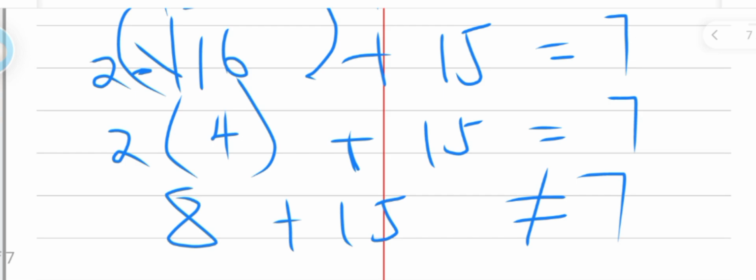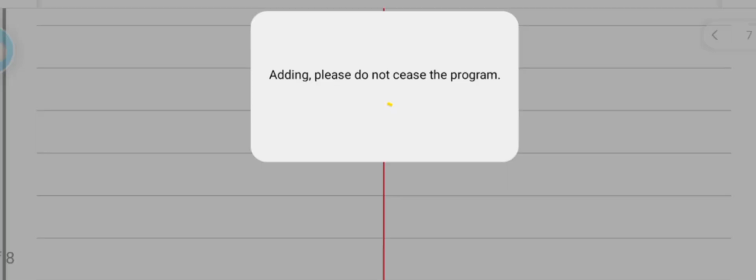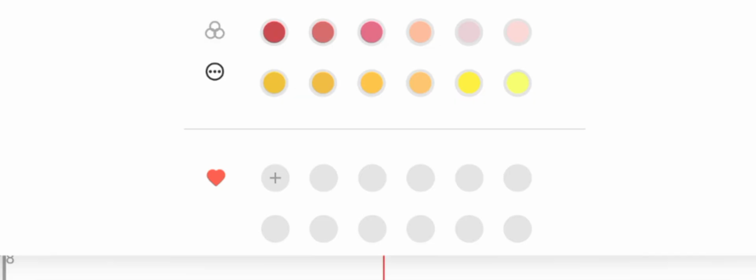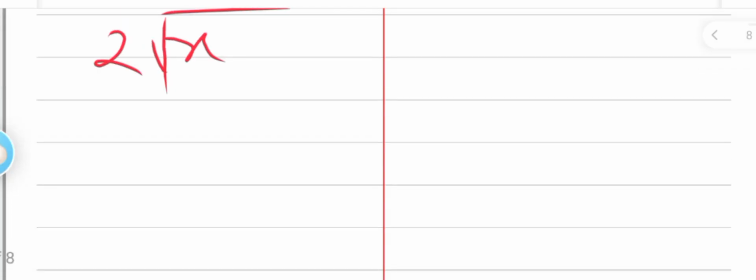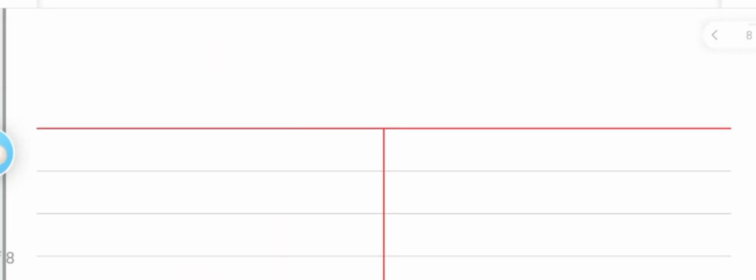So let's go back and put our 3 there to see which is the second value for x that we obtained. When we put it there and it works, then it means that 3 is the value. So we have 2 root x. Sorry, let's go back to the top. Okay, so let's start from here.